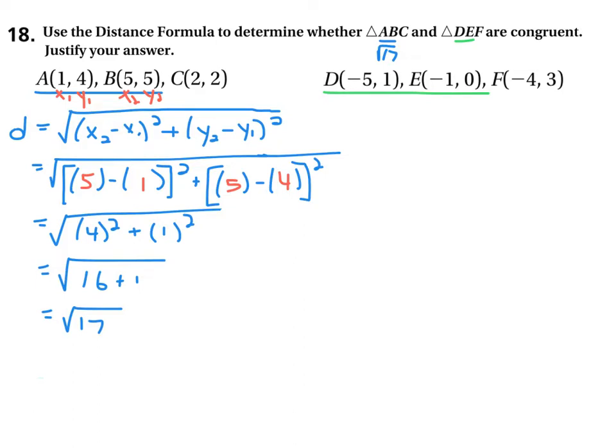We're going to do that same thing over here for the D to E side. I'll use green, and we will say the distance is equal to the square root of x2 minus x1 squared plus y2 minus y1 squared.